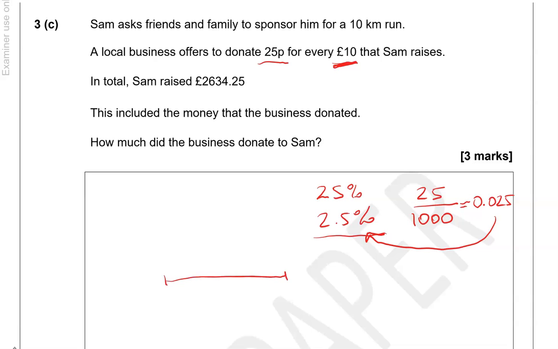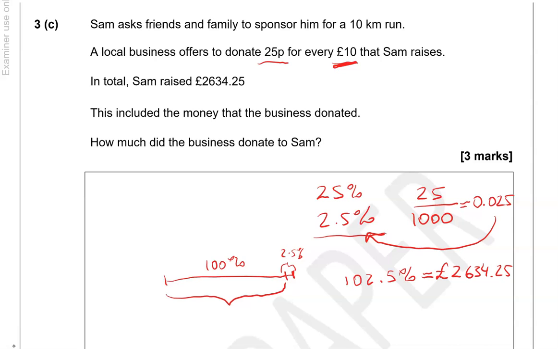So if we are to show it here, the 100% amount would be this one that we're trying to work out, and add to that 2.5%. So all together this is going to be 102.5%, which is, in terms of money, £2,634.25.